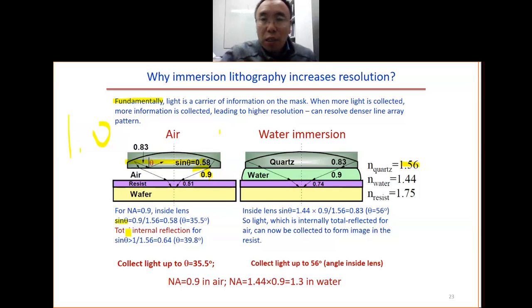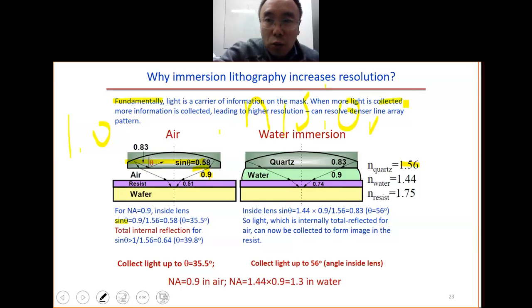This is because of Snell's law: N1 sine theta 1 equals N2 sine theta 2.